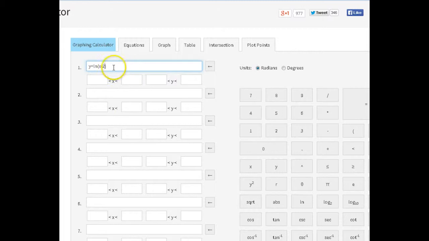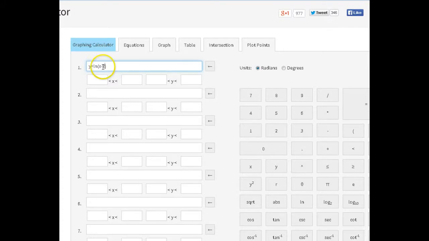Now in analyzing this one, notice we're putting the negative 2 in a parenthesis with the x. Okay, what's that going to do? Raise it up, raise it down, move it right, move it left.